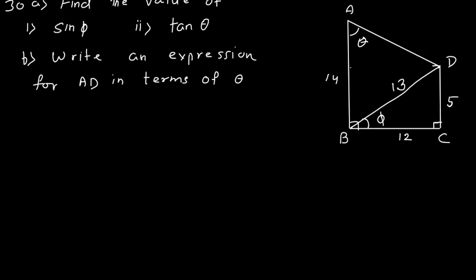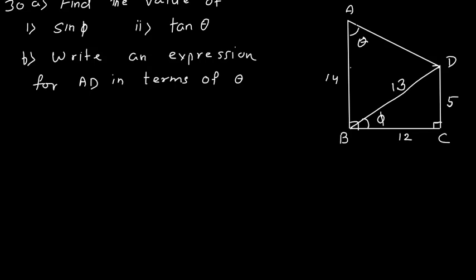Now the next question. Find the value of sin phi tan theta. First I have to find the value of sin phi. So see this angle phi. We have been given all the sides 5, 12 and 13, so we can find it easily. And for tan theta, it is always opposite upon adjacent.